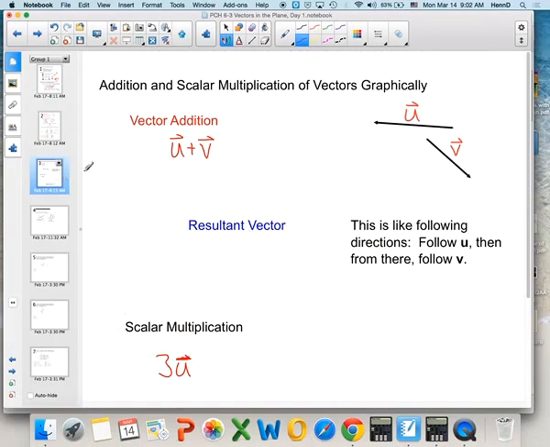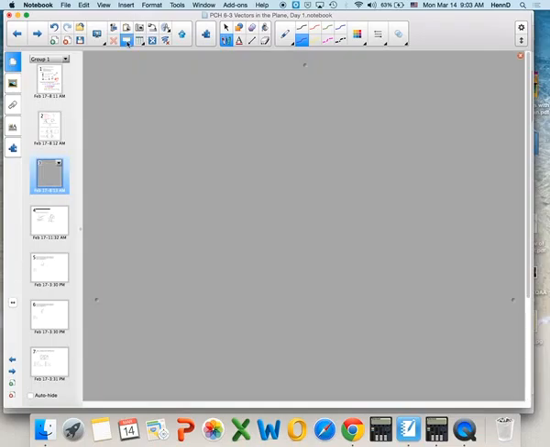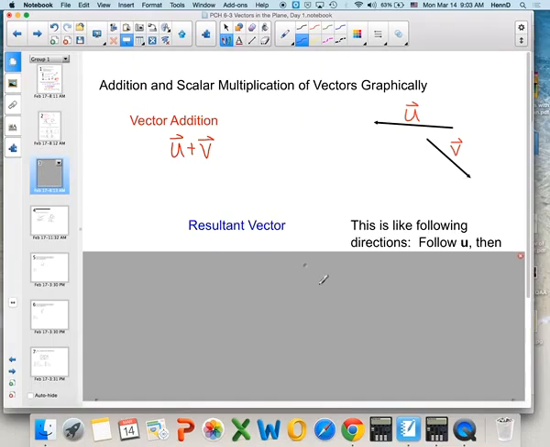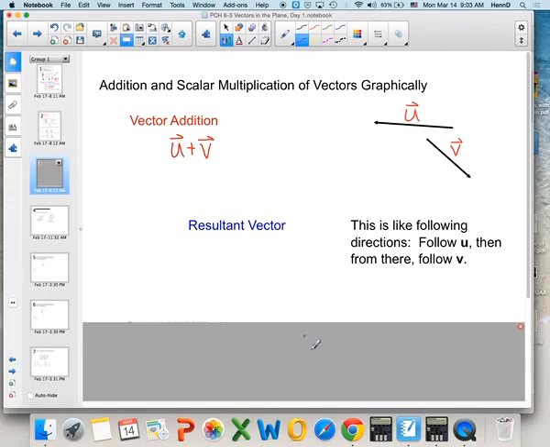All right, so I want to finish off today looking at graphically how we do different operations with vectors. I want to talk about how we do addition and how we multiply a vector. Here we have two vectors, the vector u and the vector v.